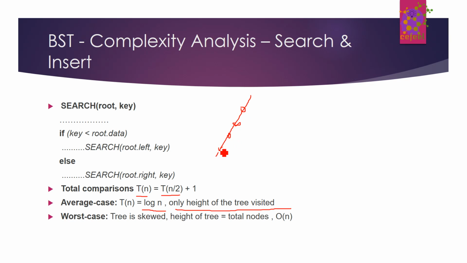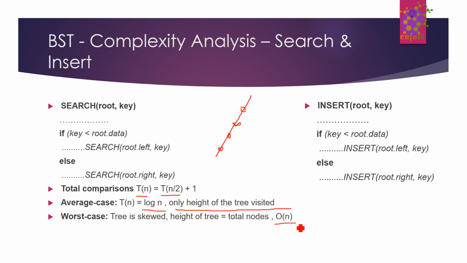We are anyway traversing the entire list of elements in the worst case, and that's why in the worst case this is order n. Same thing happens with a right skewed tree. So in the average case it's log n, in the worst case it's order n. Similarly, the insert operation is very similar in terms of time complexity, and hence the average case for insert is also log n, but the worst case is order n.